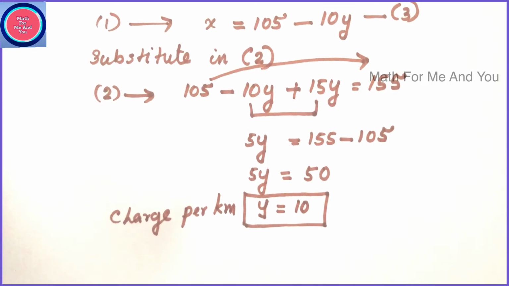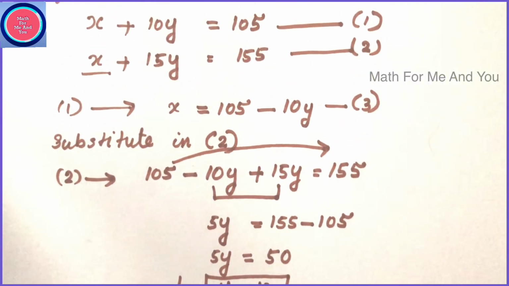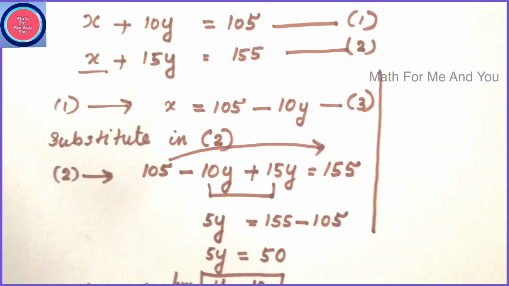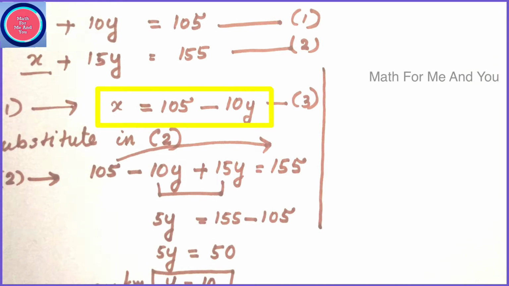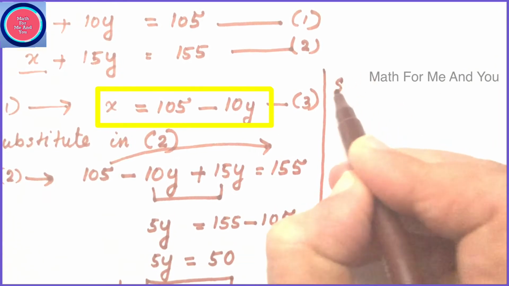Use this value and substitute in any of the equation and find the other variable x. It's your choice. You can select any of the equation 1, 2 or 3. I'm going to select equation number 3. Then we directly get what is x equals.